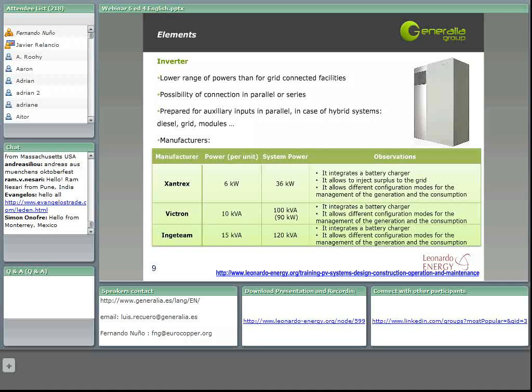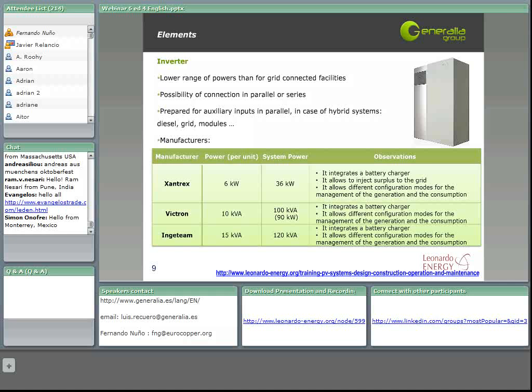For example, here you can find a table with the main manufacturers of this kind of inverters. We have chosen three manufacturers, which are Santrex, Victron, and Ingeteam.